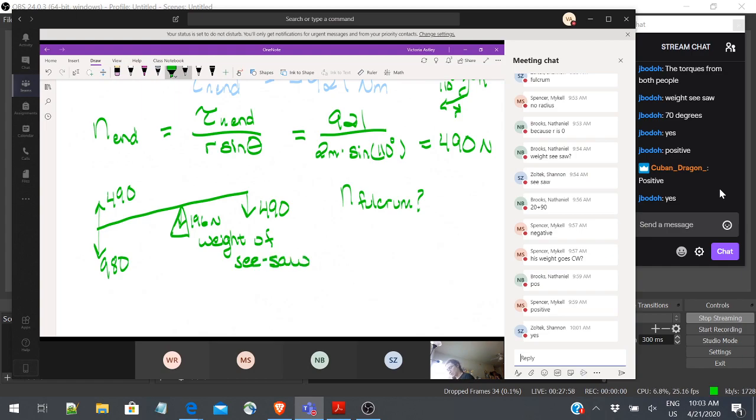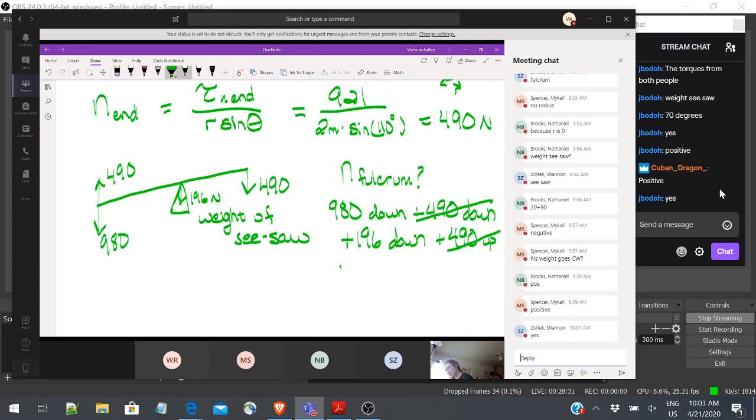Okay. So the normal force at the fulcrum is going to be such that, now we're going to do regular x and y, right? We have 980 down plus 490 down plus 196 down plus 490 up. These will cancel. Plus our normal force up equals 0.